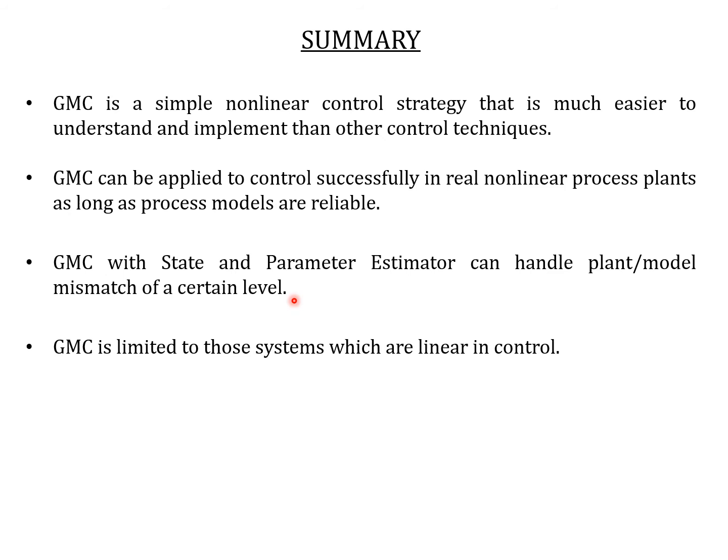Again, as we mentioned just now, it's limited to those systems which are linear in control, where your U can be formulated in terms of the other variables. When you differentiate y, the U should come out directly as a straightforward linear term in U, before we can properly implement the GMC method.